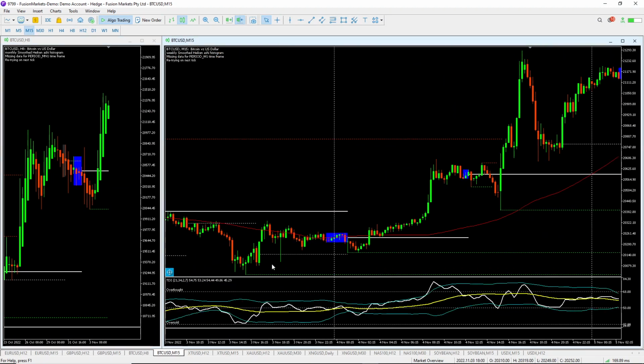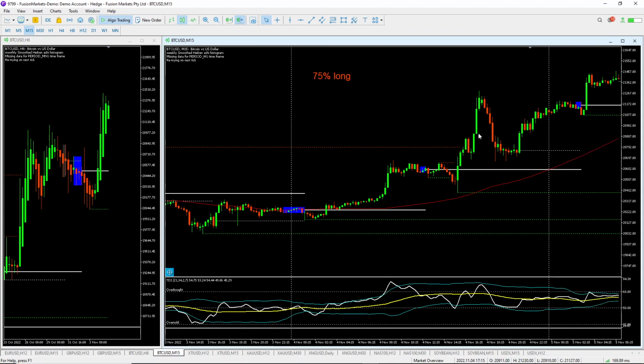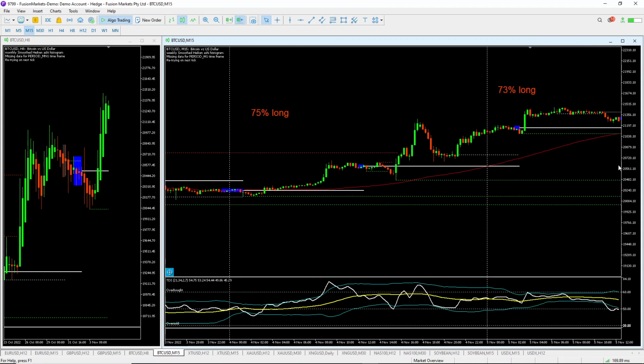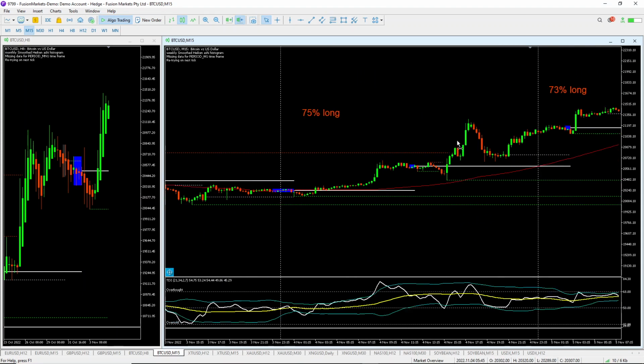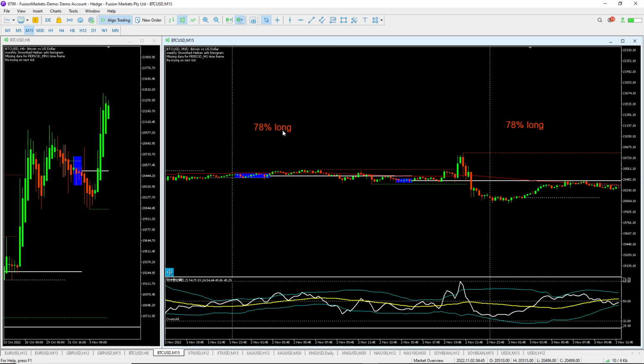Look, I am also trying to make sense of the Bitcoin sentiment values, because they are giving me this, quote unquote, negative bias for this market. It's telling me that the majority of the people are long, but price is going up very strongly.